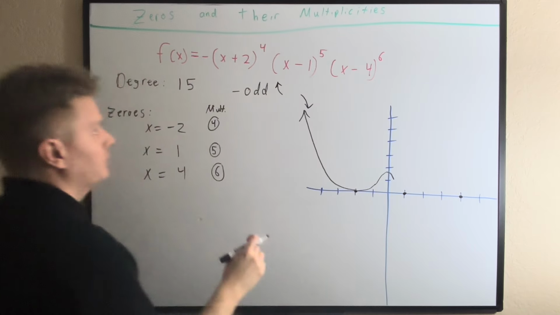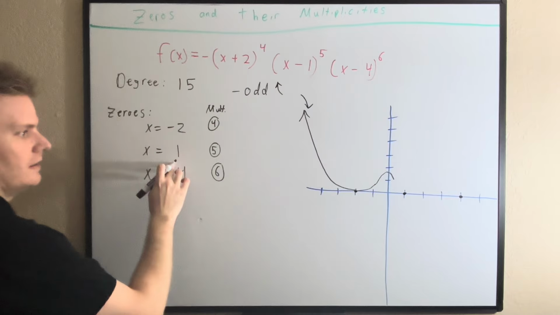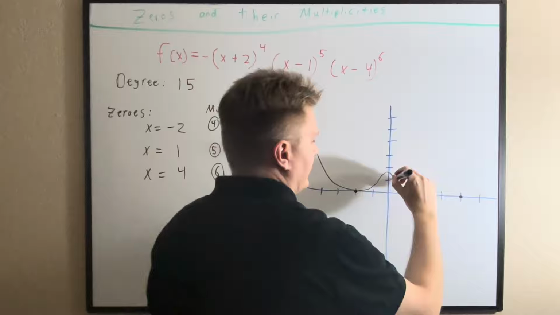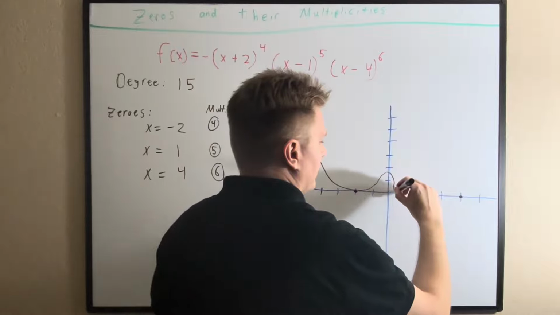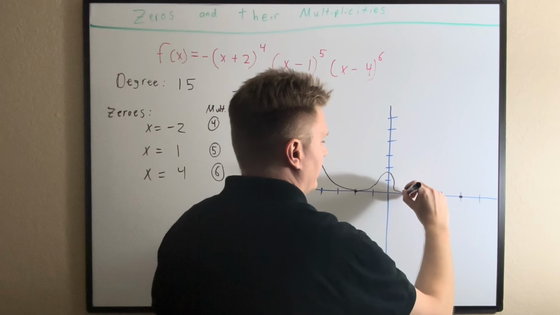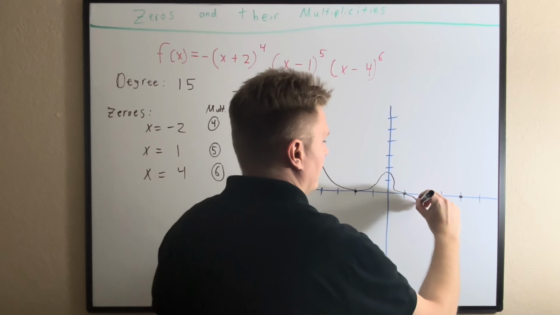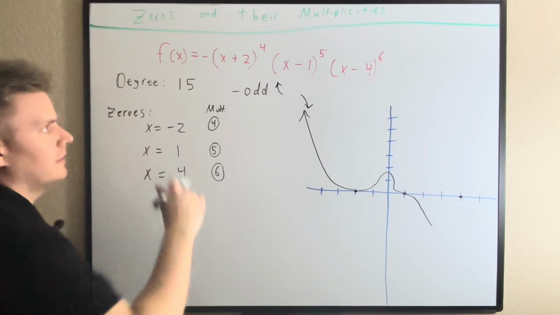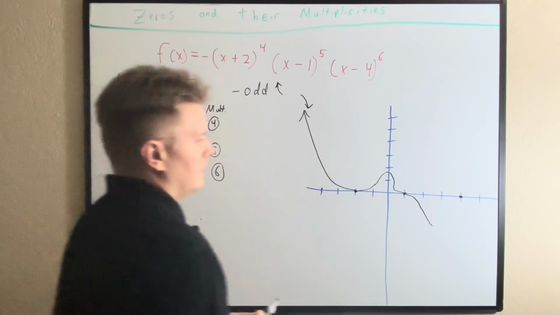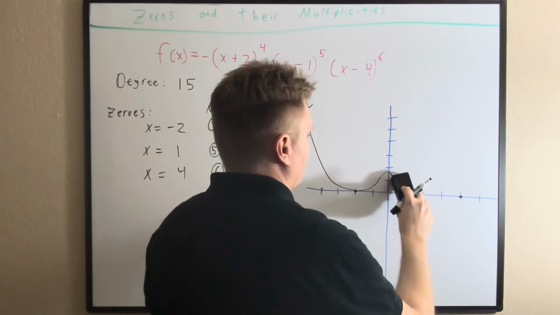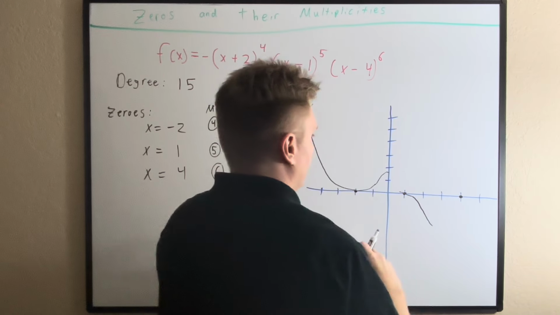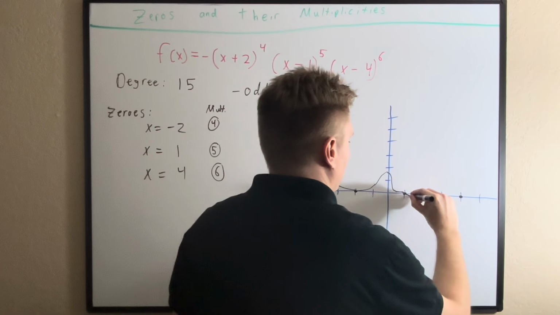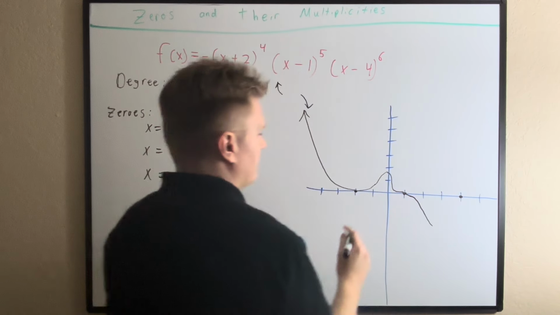Now, what's the next one? Multiplicity of 5 at x equals 1. Same thing. We're going to flatten out, slowly approach the 1, cross it, and then dip. Just like with cubed, except maybe we dip a little sooner than that. The graph is very flat right there.